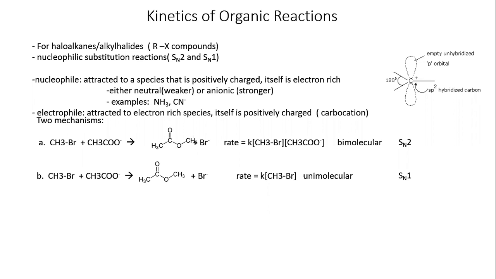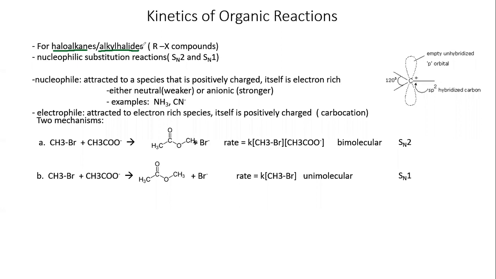And then the second type are elimination reactions, where we eliminate one group and replace it with a double bond. And so for the kinetics of organic reactions, we're only going to strictly stay with what are referred to as haloalkanes or alkyl halides. They mean the same thing, it's just 2 different names to describe the same compound.